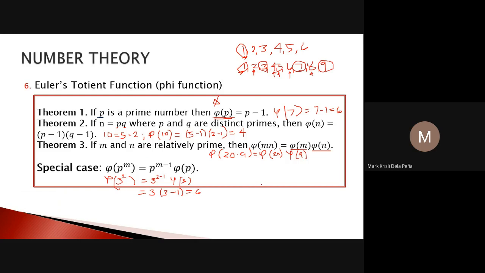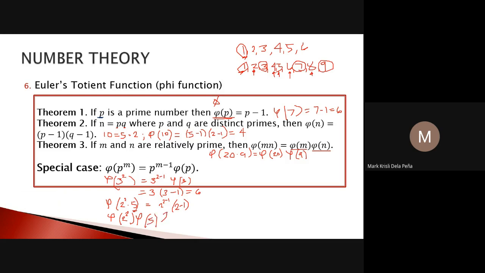Then for 20, note that 20 has factors 4 and 5. So that's 2 squared times 5. So using this special case, that would be 2 to the 2 minus 1 times 2 minus 1. And since we still have 5, you have phi function of 2 squared times phi function of 5.